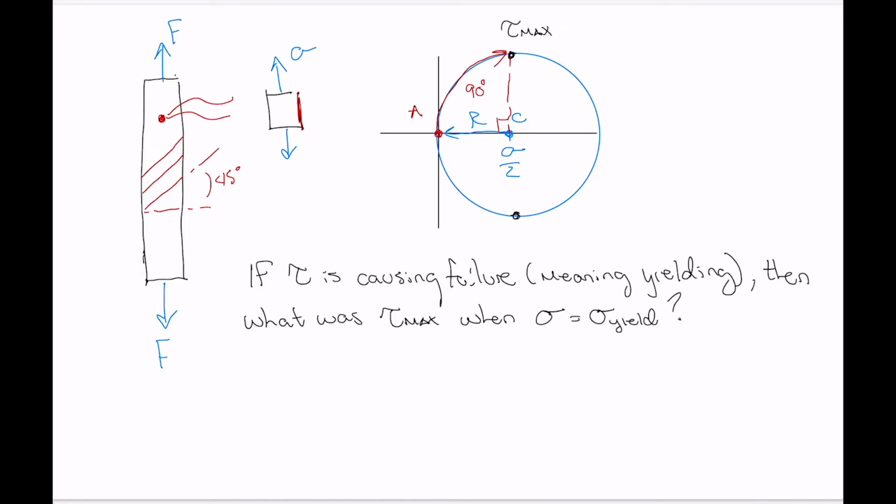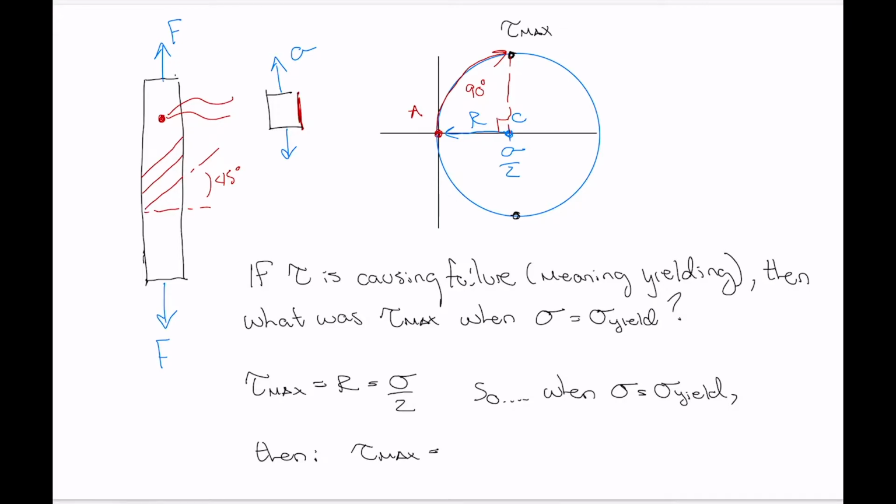So we know that tau max is equal to the value of the radius, and the value of the radius is equal to the value of sigma divided by 2. So when our stress equals the yield stress, then we've got tau max is equal to yield strength divided by 2. Okay.